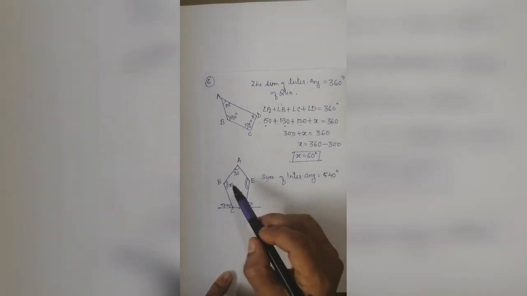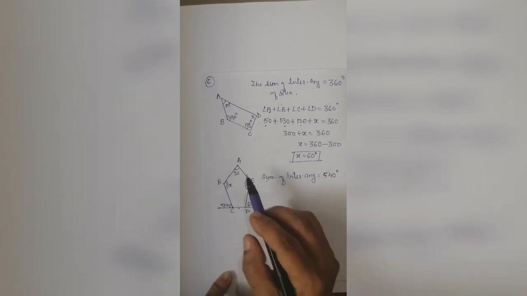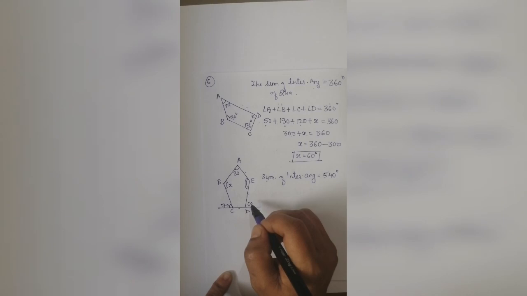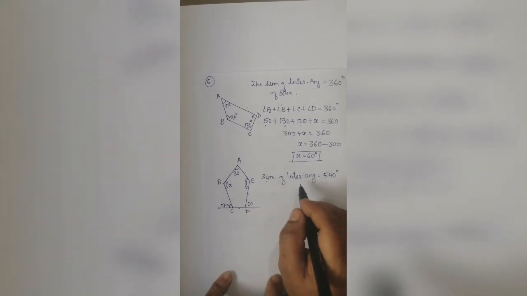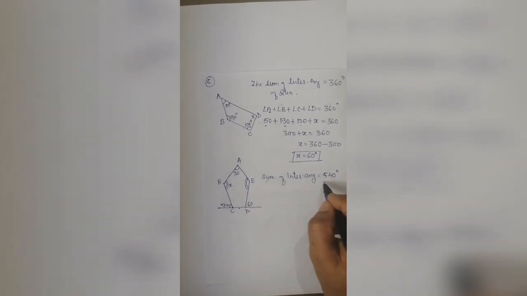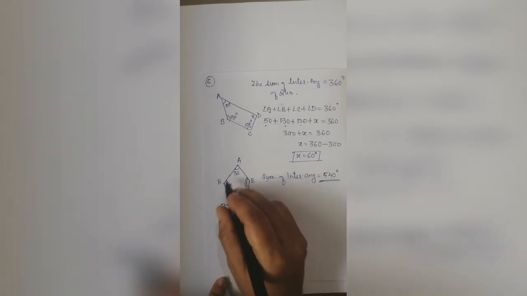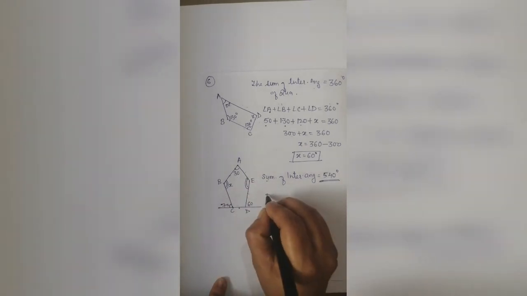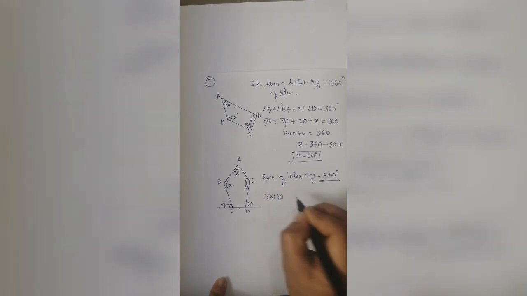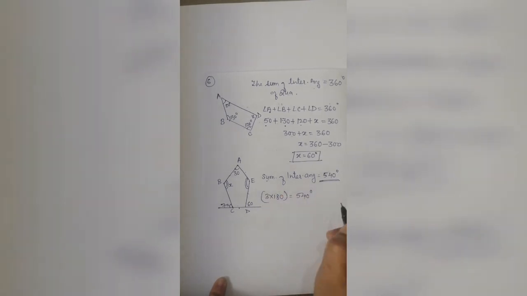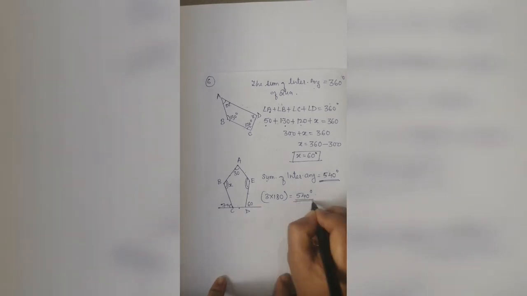Okay, you can use the formula: 1, 2, 3, 4, 5 sides, 5 minus 2 is 3, so 180 multiplied by 3 is equal to 540. Okay, by using the number of sides formula, you can find out the 540.